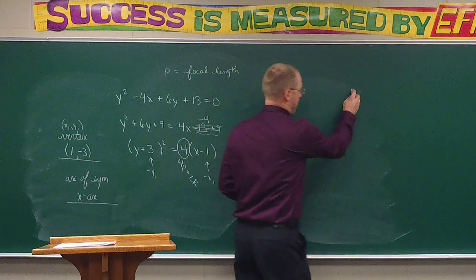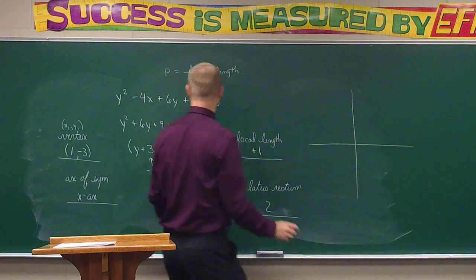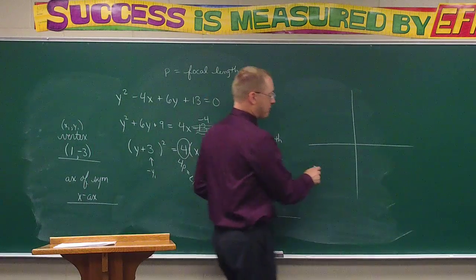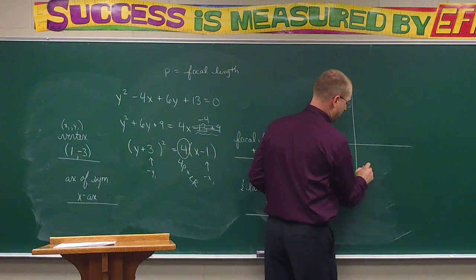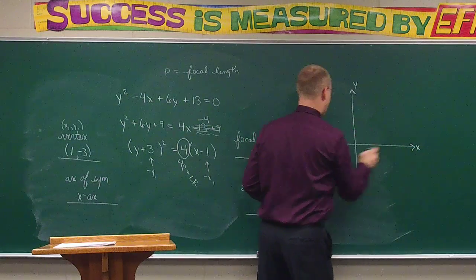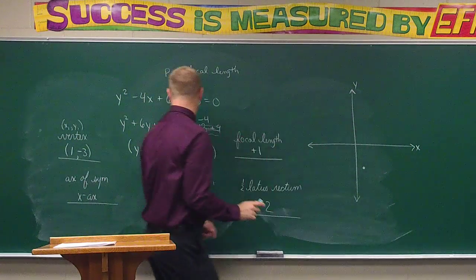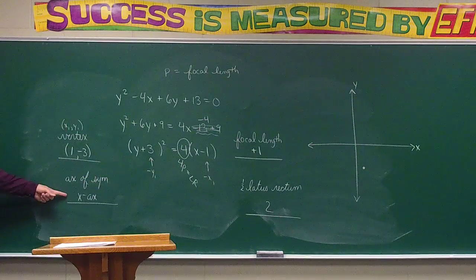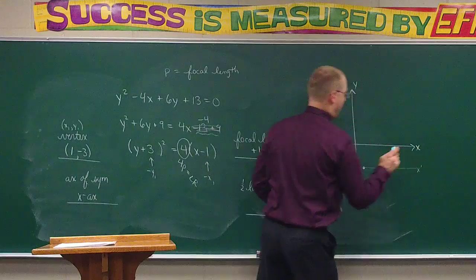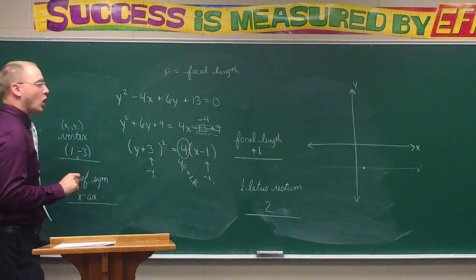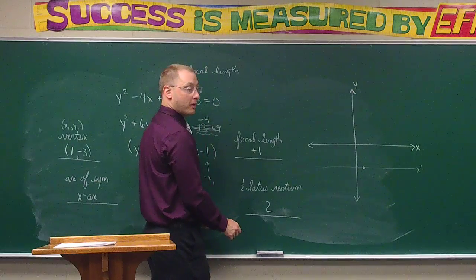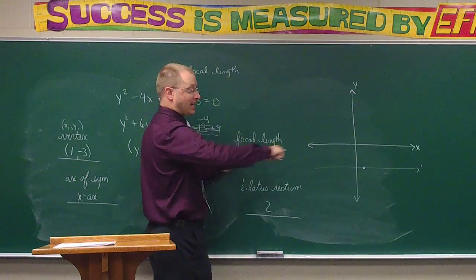So for our graph then, we would start by plotting the vertex at 1, negative 3. So that's going to be forward 1, down 3. And my suggestion was, as you graph, go ahead and draw your translated axis of symmetry. So we're going to lightly draw here a little x prime axis. And then along that x prime axis, starting at the vertex, we're going to go up 1, not up 1, it's on the x-axis.